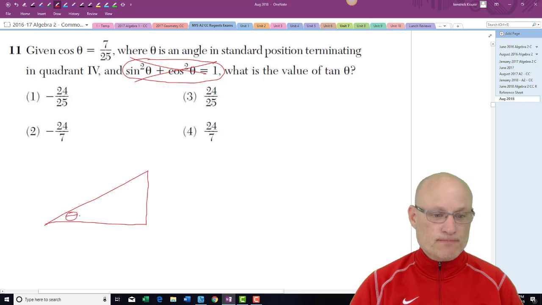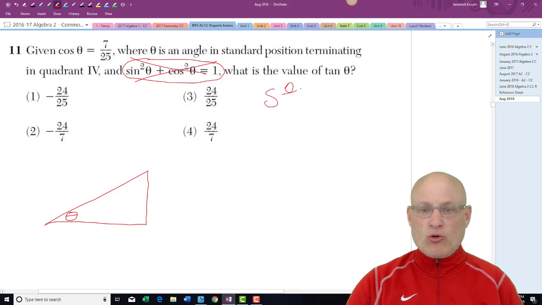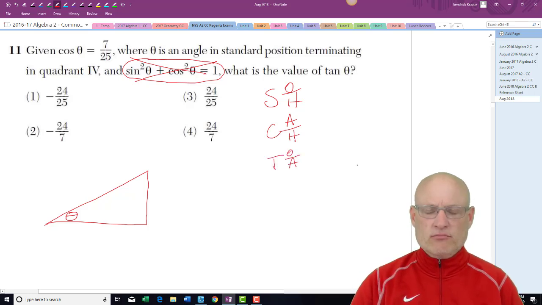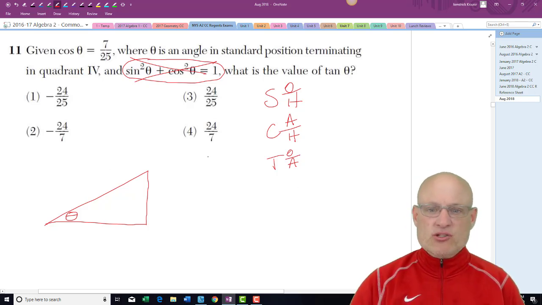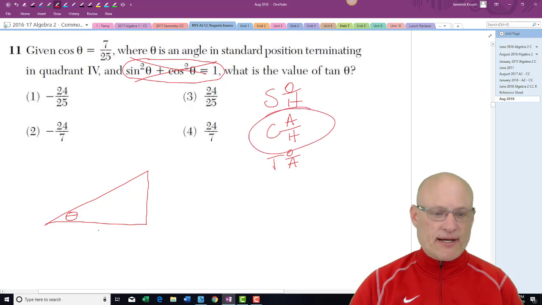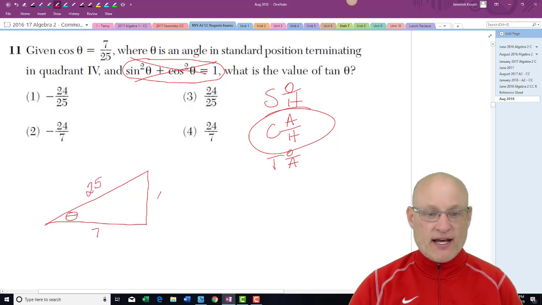They told you that cosine was equal to 7/25. So cosine is adjacent over hypotenuse, 7/25. And we can find x by simply doing the Pythagorean theorem.